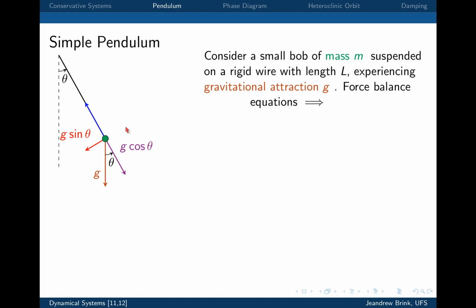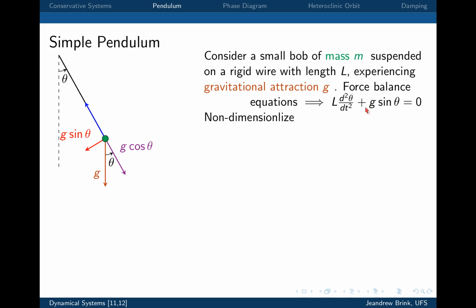And the force balance equations, in other words, that the acceleration is merely equal to the acceleration in this way, you can break it down in components, and what you're eventually left with is in the theta direction, in other words, this direction over there, the acceleration in this tangential direction is just equal to this component of the force, so it's just equal to g sine theta. So those are the equations that we're going to be looking at.